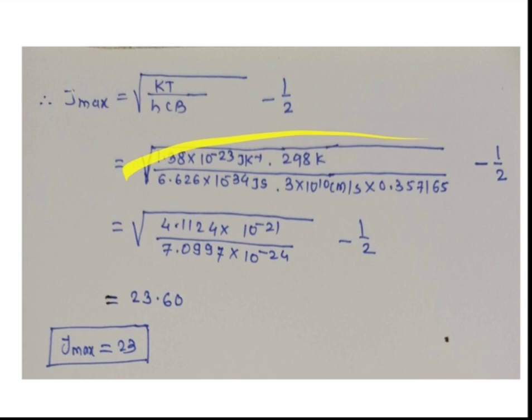All these values are in the square root, and the minus half is outside the square root. So by just taking the square root of all these values and subtracting this minus half, you will get the value 23.60. So the line with maximum population is 23.